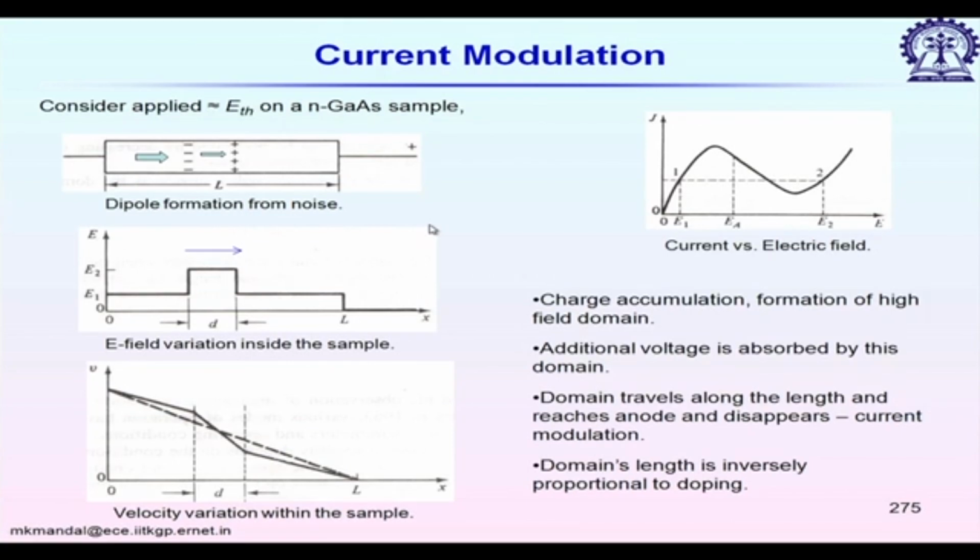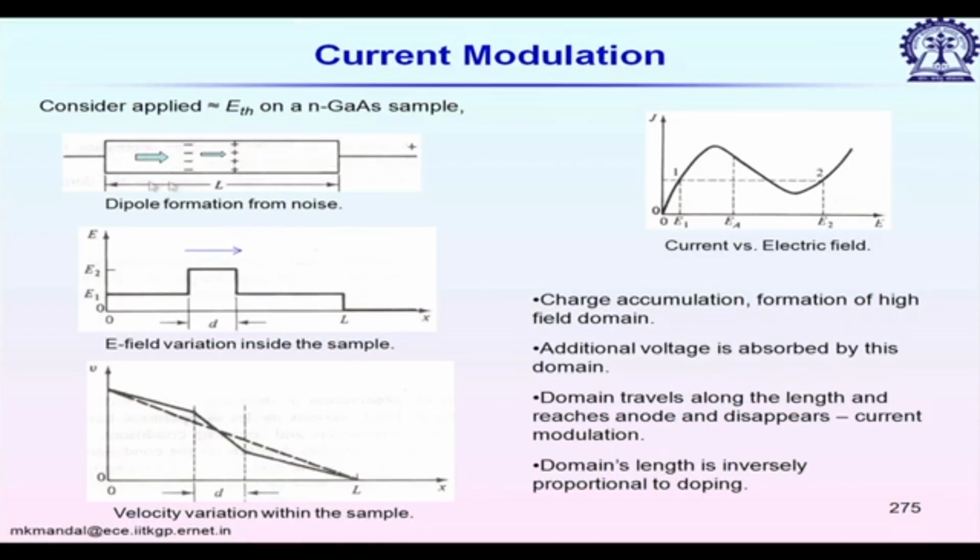Now, let me discuss how we can generate microwave or millimeter wave signals from this type of device. Let us go back to the very basic things. Let us say we have this rectangular block, which shows the schematic of an N-type gallium arsenide sample, and consider the applied voltage is ETH, near the threshold.